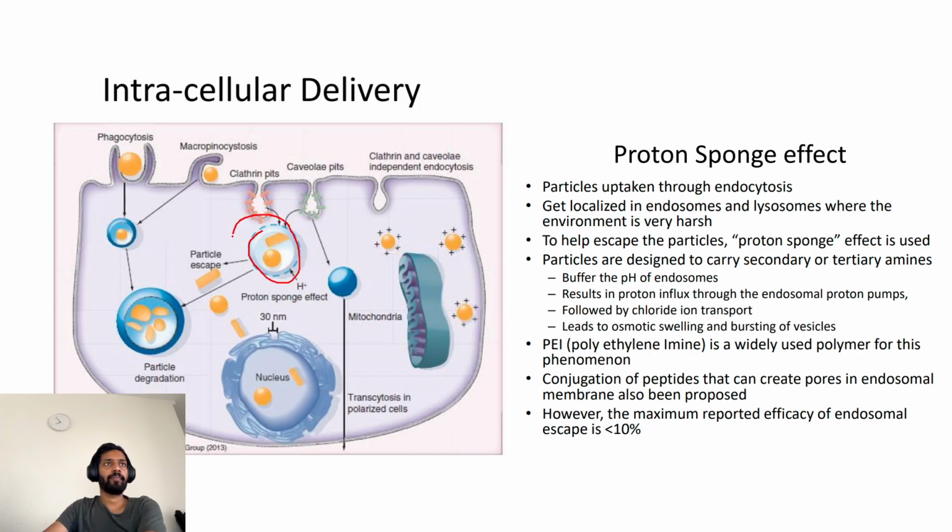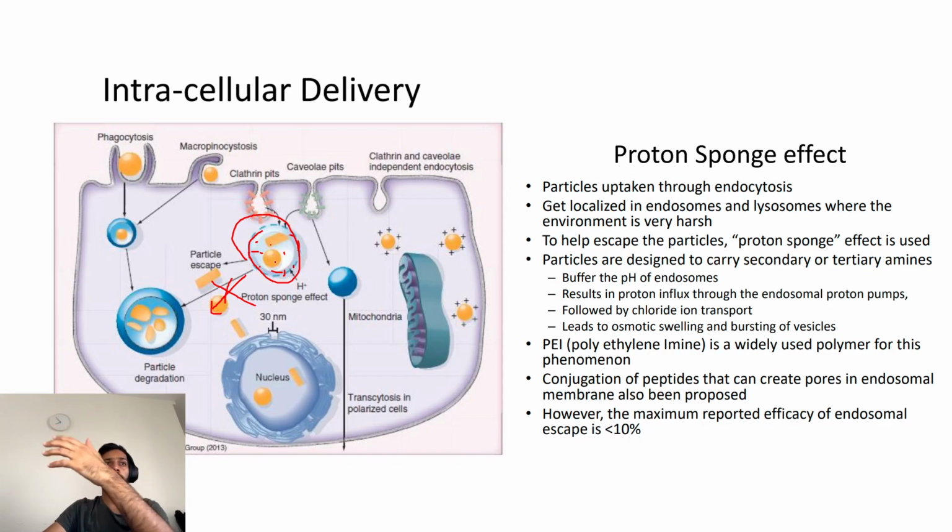So it's not able to access the intracellular environment. If you want to target an enzyme that's present in the nucleus or mitochondria, this particle, even though it's releasing the drug, is mostly present in the endosome, right? So it's not coming out because it's encapsulated within the endosome. So it has no way of reaching the nucleus or mitochondria.